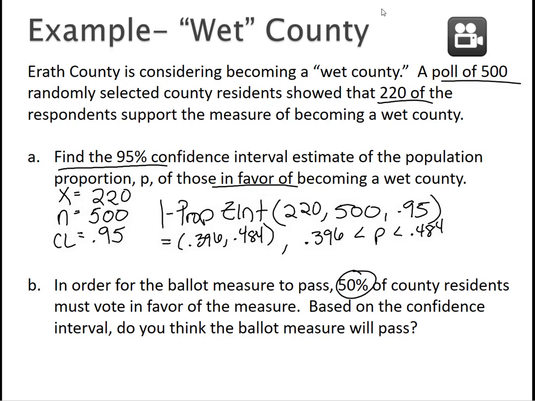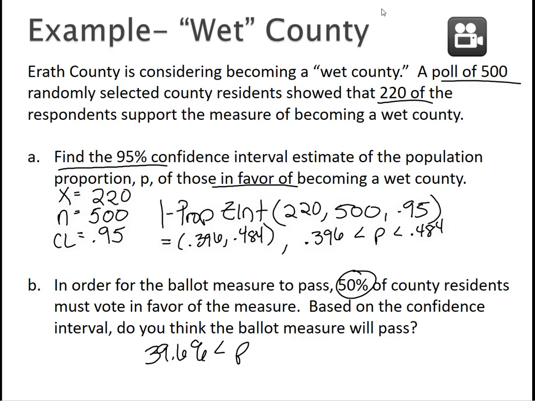These are proportions which I can also represent as percentages. So I can multiply my upper and lower confidence limits by 100 to represent those two proportions as percentages.